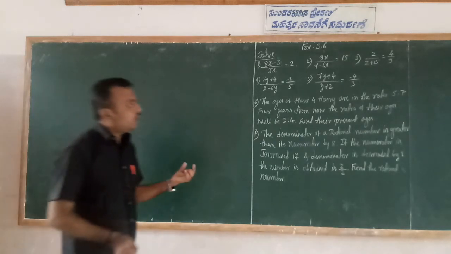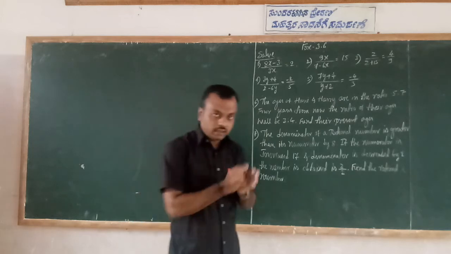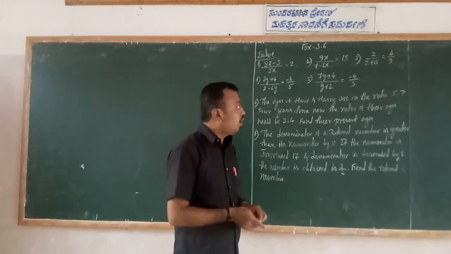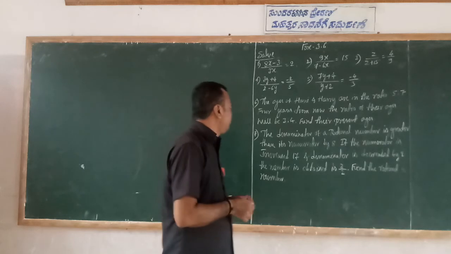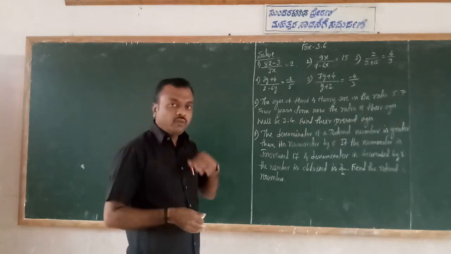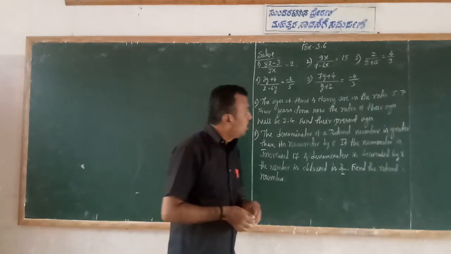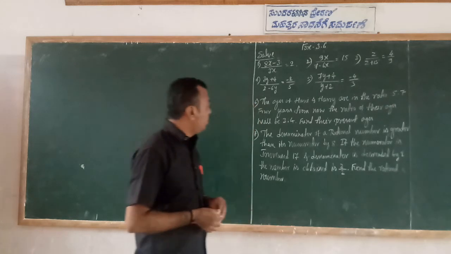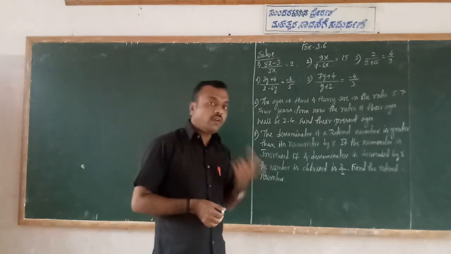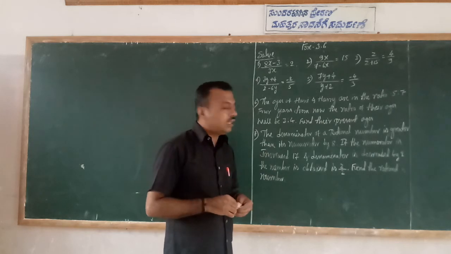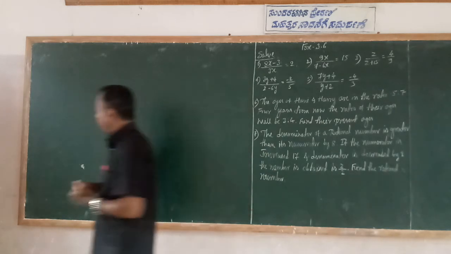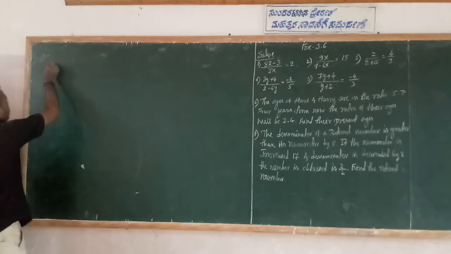The present ages are in the ratio 5:7. 4 years from now, I mean 4 years after, the ratio of their ages will be 3:4. Find their present ages. Okay, let me make one table.